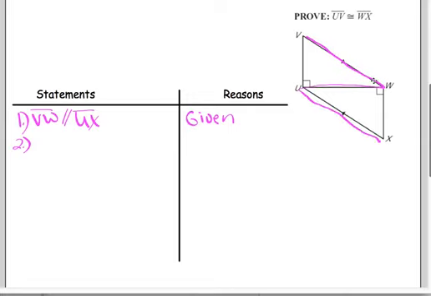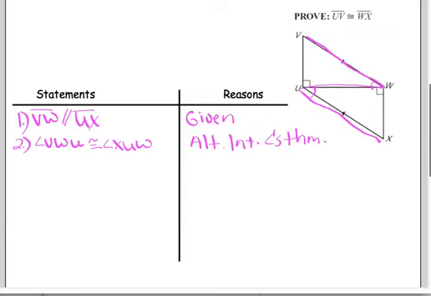So these are alternate interiors, and we're going to have this angle at W up here congruent to this one here at U. I'm going to have to name it with 3 letters because there's more than one angle there. So I'm going to say angle VWU congruent to angle XUW. And the reason is the alternate interior angles theorem.